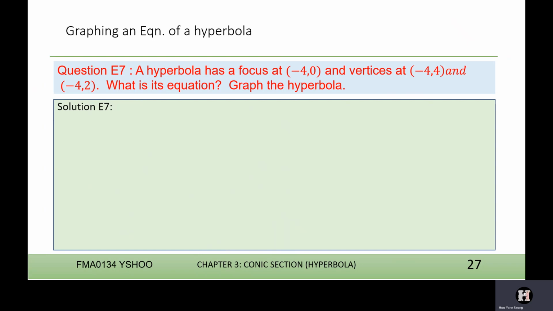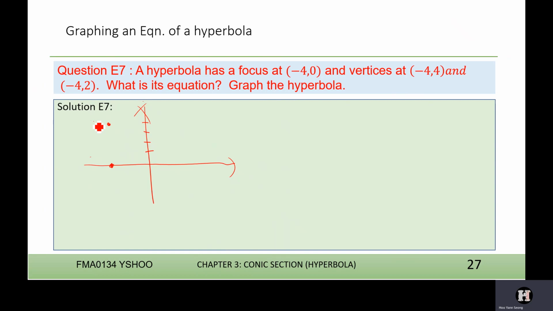Because we cannot guess, and I'm not encouraging you to memorize anything, if people give you any information which you can draw, you just draw it. So let's say this is our xy axis, so -4, 0, okay, this is -4, 0, then is it -4, 4, so 1 2 3 4, and then -4, 4.